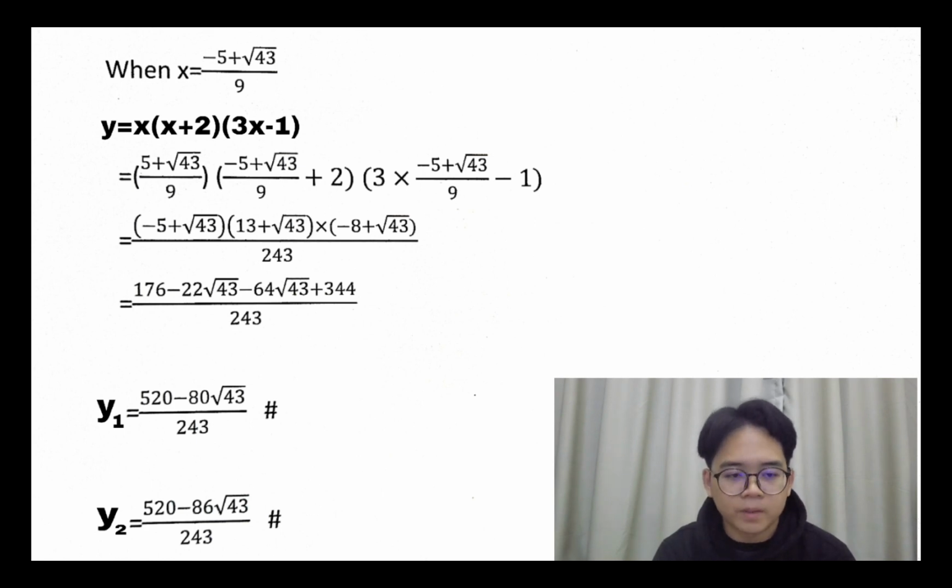Thus, y1 equal to 520 minus 80 square root 43 divided by 243 and y2 equal to 520 plus 86 square root 43 divided by 243. Therefore, there are 2 stationary points, which are x1, y1 and x2, y2.